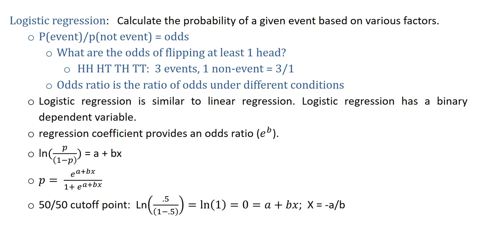When we talk about logistic regression, we're using something called a logit. It's the log of the probability of an event divided by 1 minus the probability of an event. That's the odds. And it equals a plus bx.